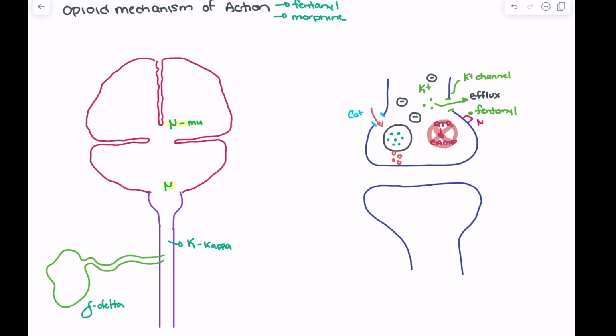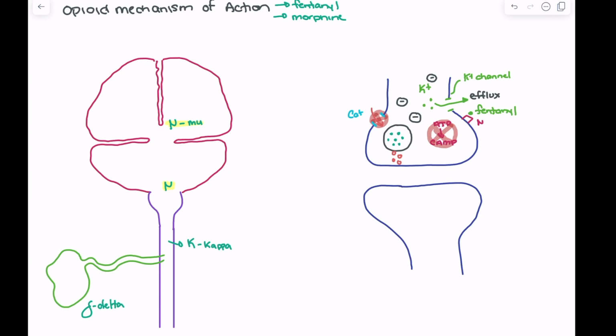Calcium will typically pull the vesicle down and support release of the neurotransmitter into the synaptic cleft. Same thing, this is now inhibited. So one of the problems is we close these calcium channels as a result of this loss of ATP conversion into cyclic AMP, and we have the inability to have that calcium influx.